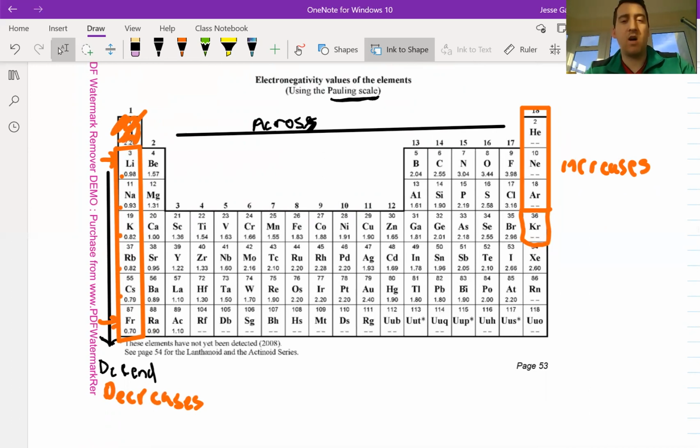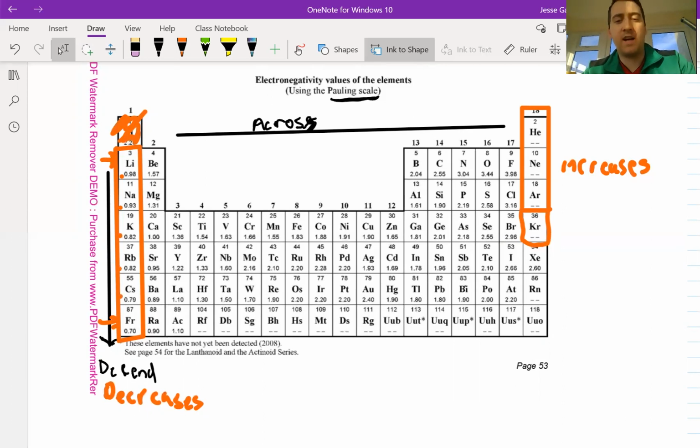So we do not observe them bonding with anything else. They are not going to attract electrons in a shared pair because they don't share pairs with anybody. They've already got a stable configuration. So we can almost exclude them from electronegativity and just go from lithium over to fluorine. And there's obviously a big increase there.